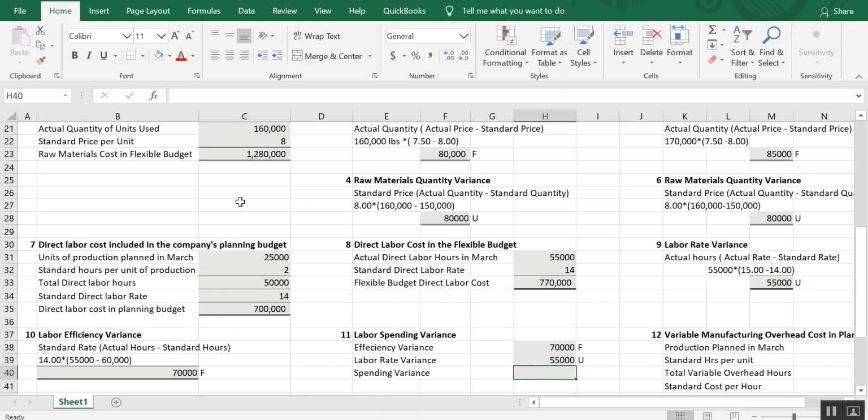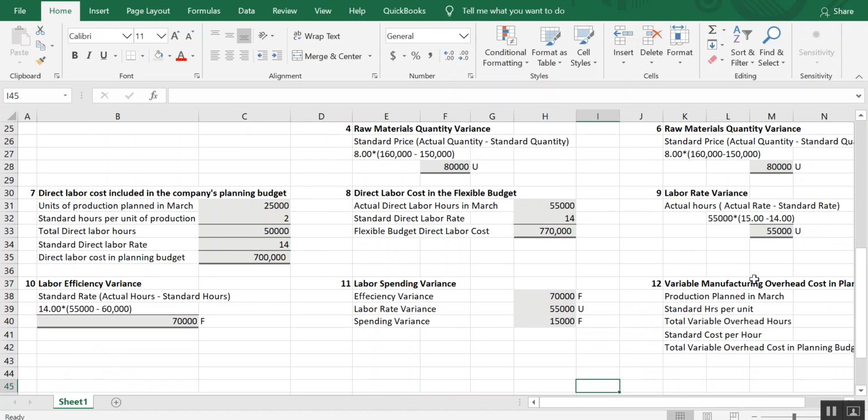And that difference will give us 15,000. Now, because the larger number is a favorable variance, the spending variance will also be favorable. Okay? All right, so basically, when we're talking about spending variance, we're talking about the difference between the efficiency and the labor rate variance. And that gives us a favorable spending variance of 15,000.